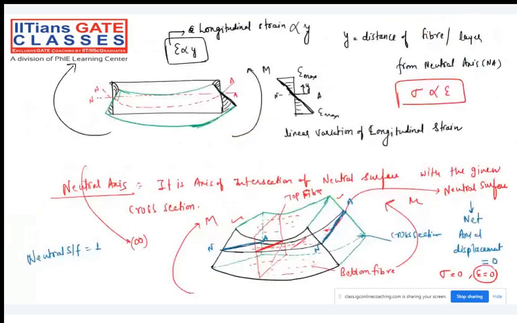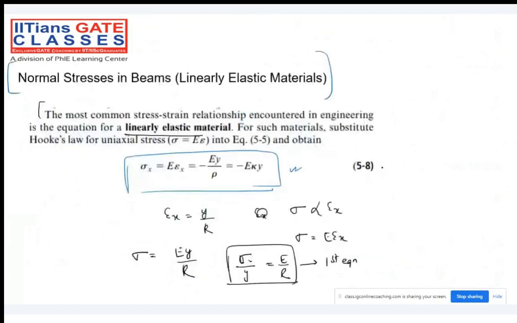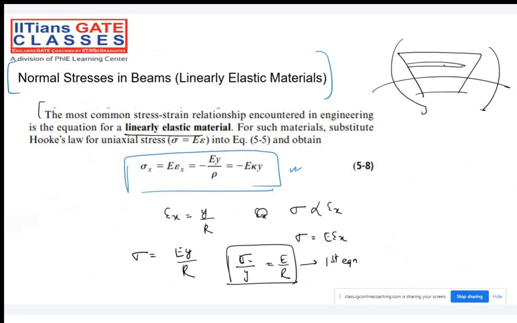Do not worry. We are getting positive signs because we have considered our section above the neutral surface, in sagging bending moment. This one layer we have considered is above the neutral surface. Below the neutral surface, all the things will be negative. Above the neutral surface, bending stress and longitudinal strain will be positive.